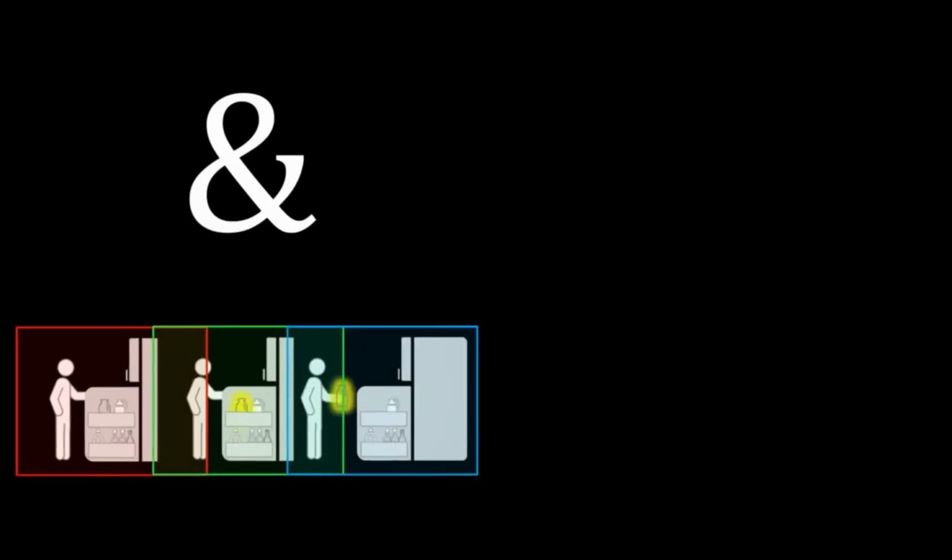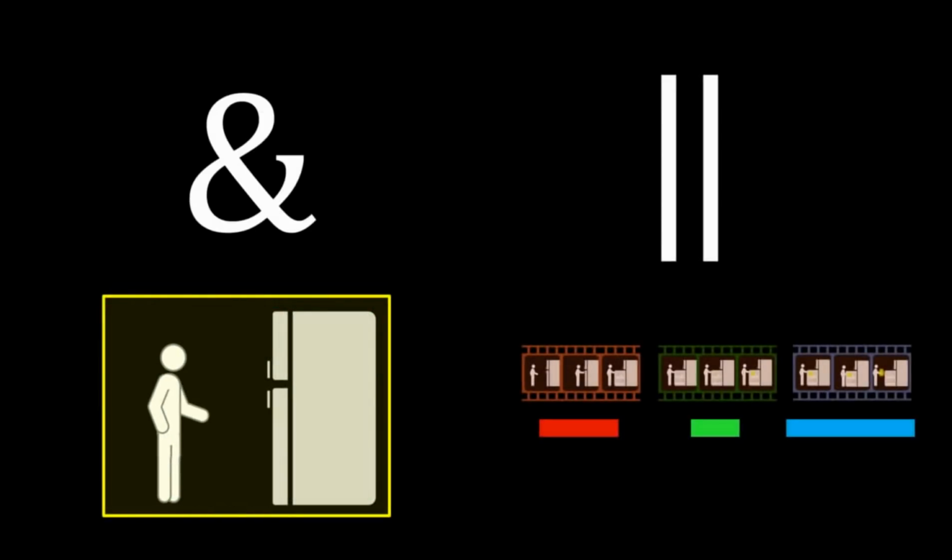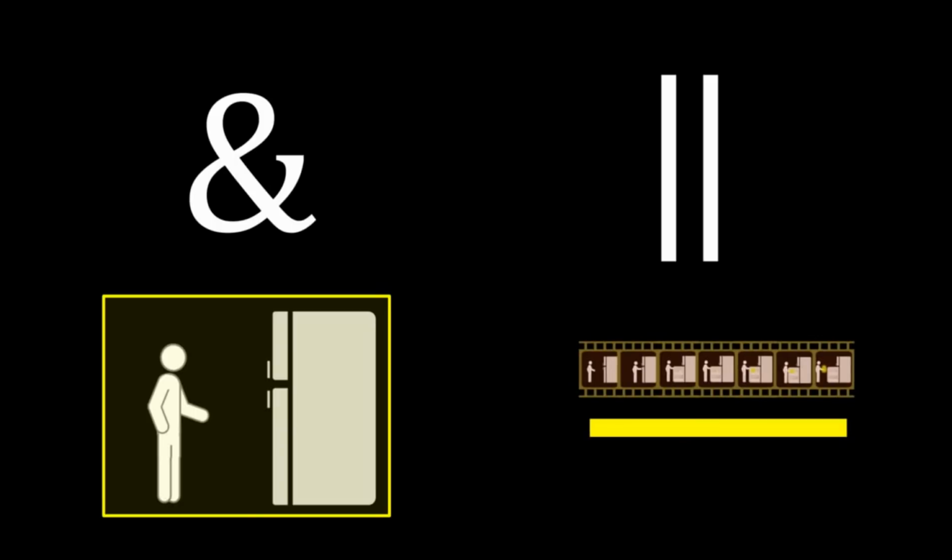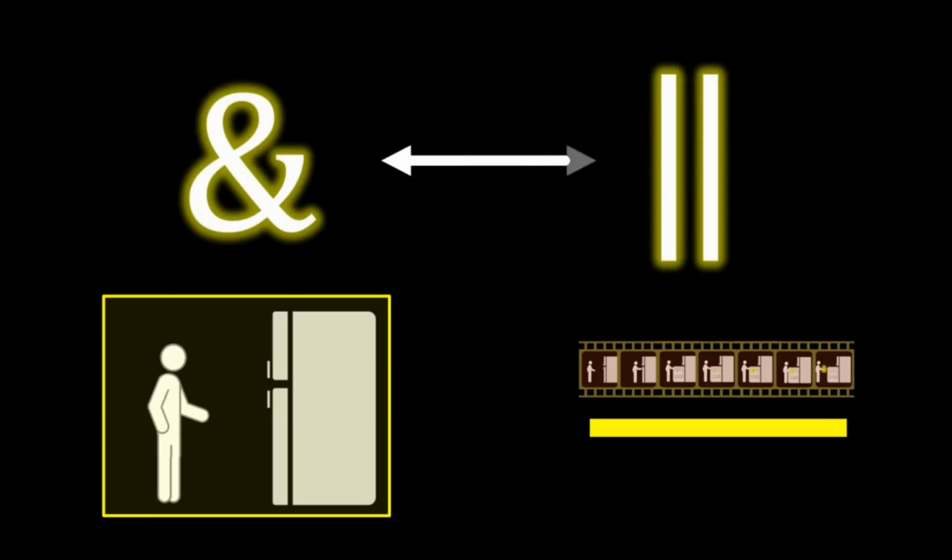We now see that the dual of and-thenning is gluing. An and-then operation is a gluing of actions, and gluing is an and-thenning of objects. The two are object-action duals of each other: and-then is applied to actions, and gluing is applied to objects.